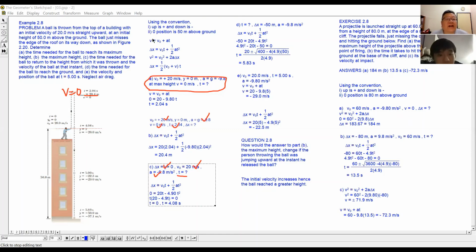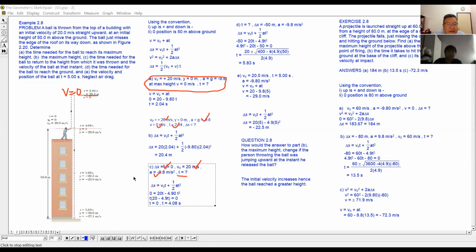So I go back, I check here. This is the one, the second one. So the second one, I quote the formula from the top there. Delta x equals to v naught t plus half at squared. The delta x is the position. The position is 0.